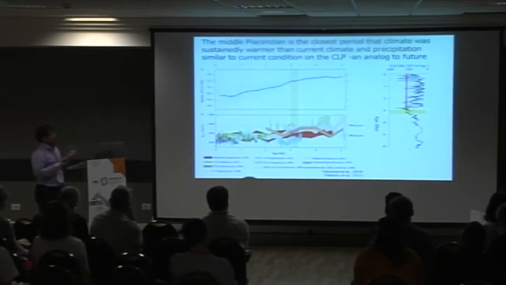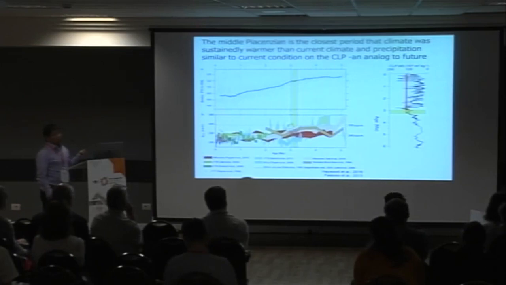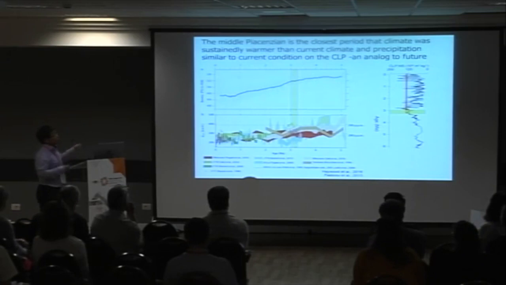But the middle Holocene might not be an analog for the future climate, because the climate was warmer, and the middle Pliocene period might be a better analog. There are several reasons. First, on the Loess Plateau, the precipitation during the middle Pliocene is similar to the modern condition, in this plot.